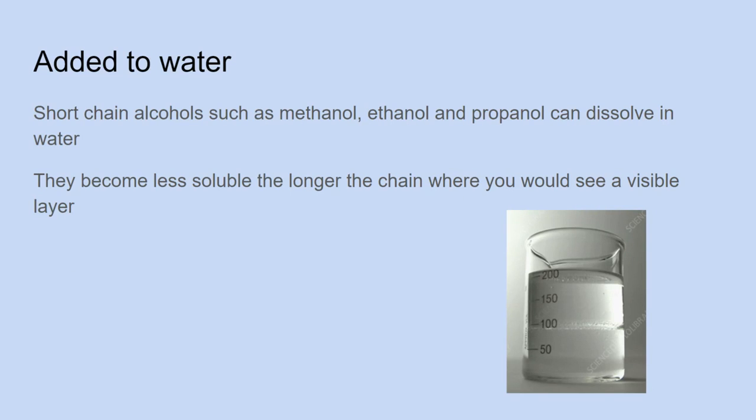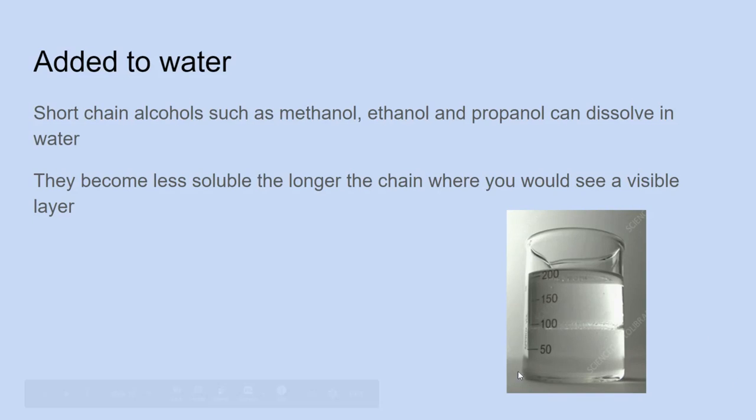Okay. You're also expected to know that alcohols can be added to water. Short chain alcohols like methanol, ethanol, and propanol can dissolve in water. They're not great at dissolving, but they can. The longer the alcohol chain length becomes, the less soluble, so the less dissolving it becomes.